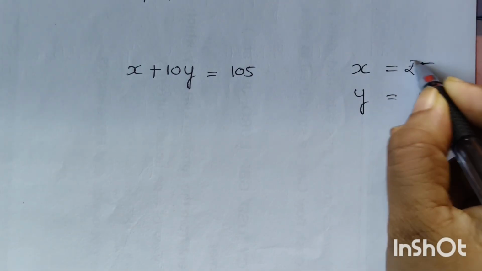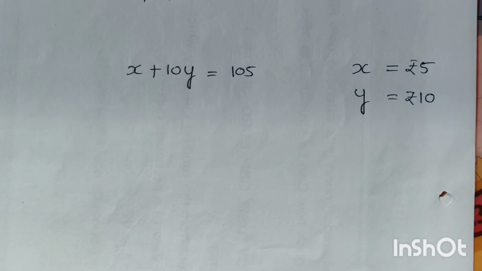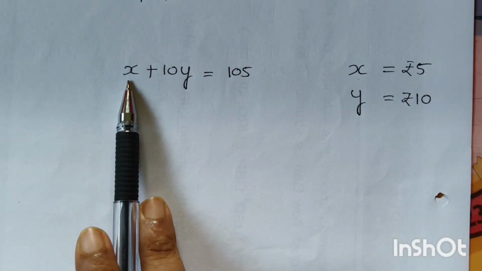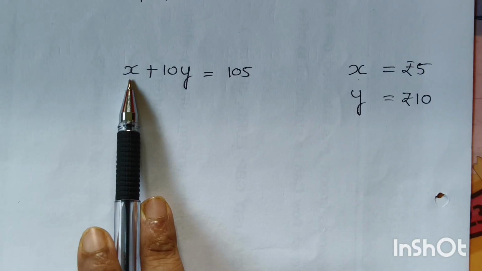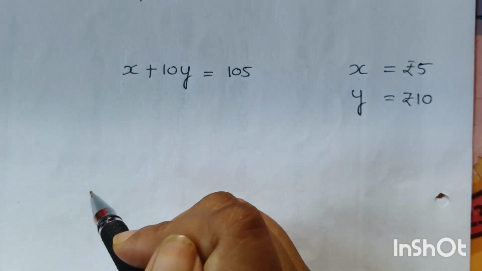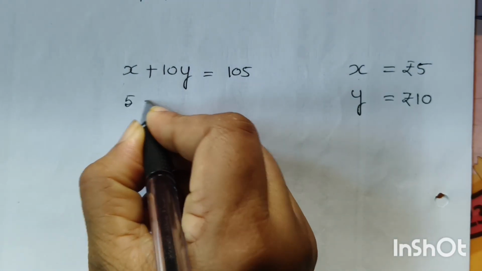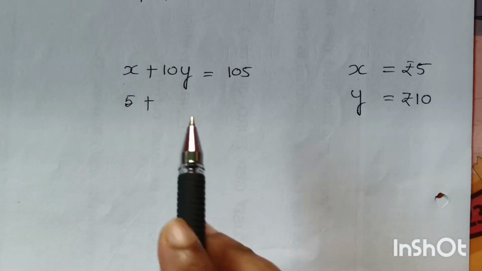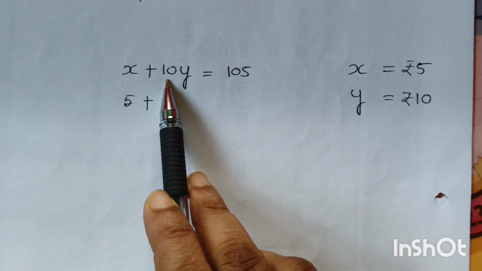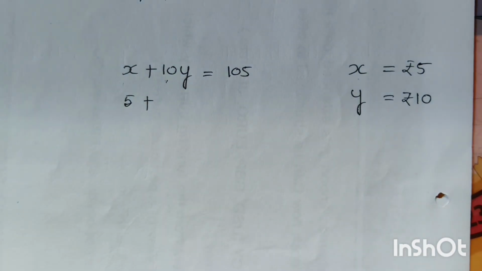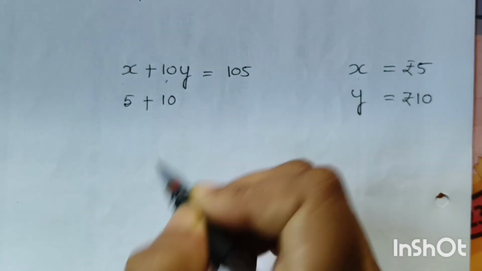Since it is rupees, let me mention it in rupees. The customer has to pay 5 rupees as a fixed charge. Once he gets into the taxi, he has to pay 5 rupees. That is fixed. But the customer will travel 10 kilometers. So, how much money does he have to pay?